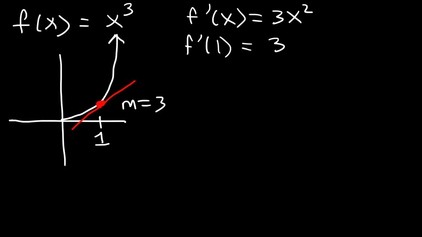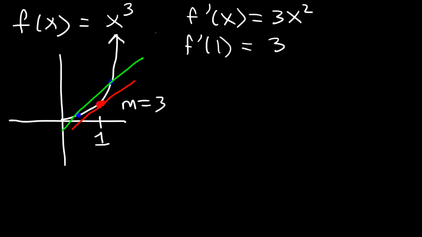Now it turns out that there's another way to approximate the slope of the tangent line. And you can do so by finding the slope of a secant line. A secant line is a line that touches the curve at 2 points. So let's say these 2 points. If we draw a line between those 2 points, it's going to look like this.